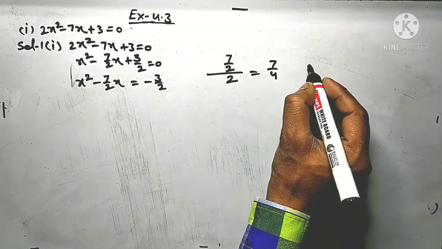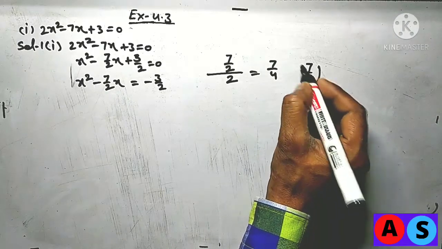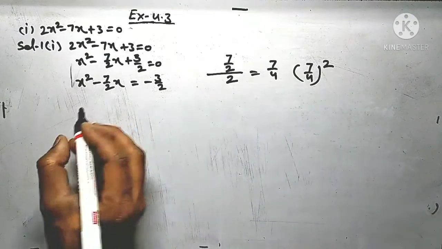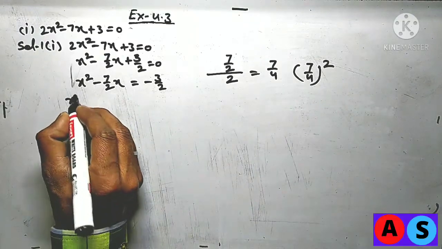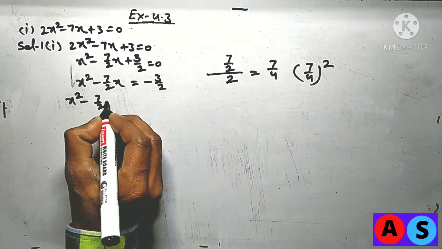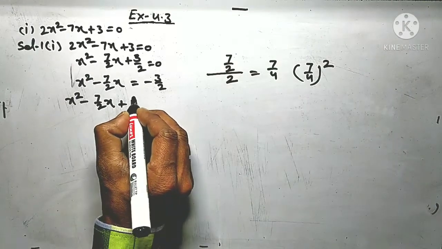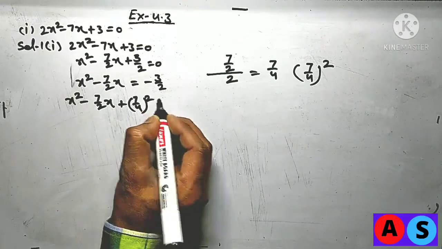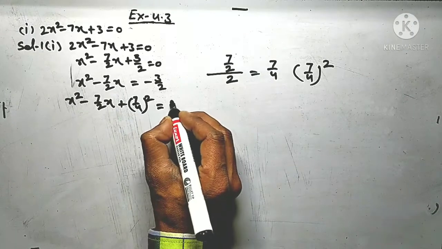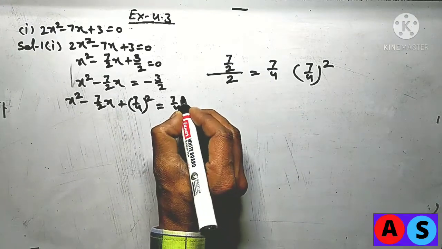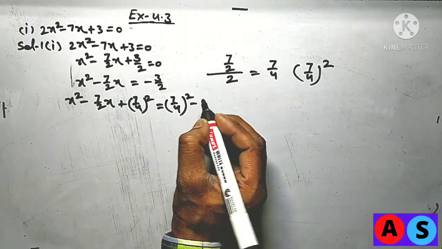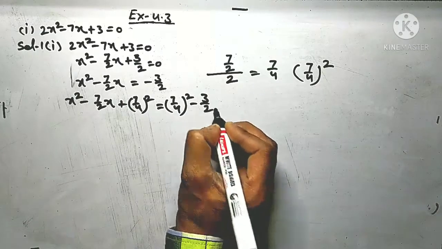Now take the square of 7 over 4 and add it on both the sides. So x square minus 7 over 2 x plus (7 over 4) whole square is equal to (7 over 4) whole square minus 3 over 2.